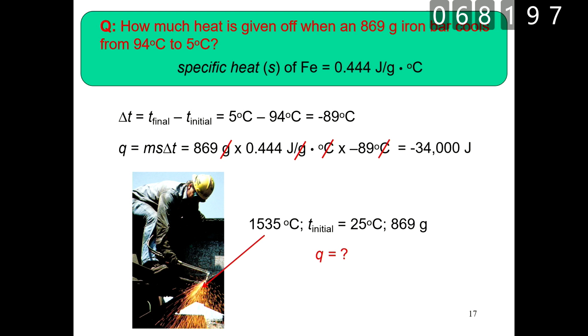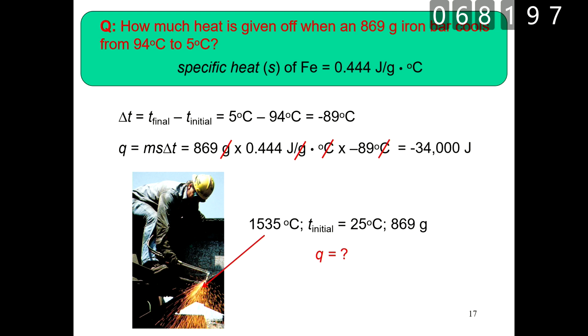So yeah, you get that. What I did is the formula Q equal to MC times change in temperature. Q is the heat, right? M is mass, C is the specific heat constant, and the change is the change in temperature.